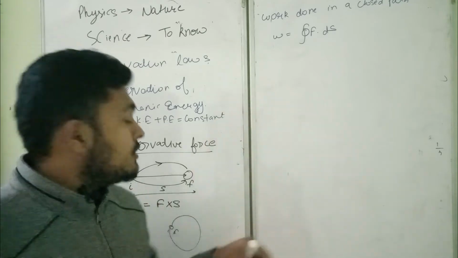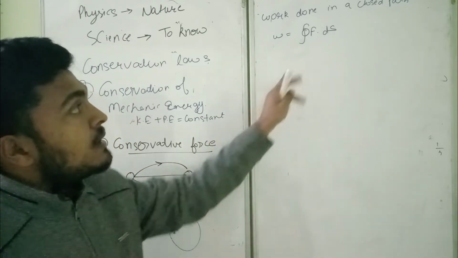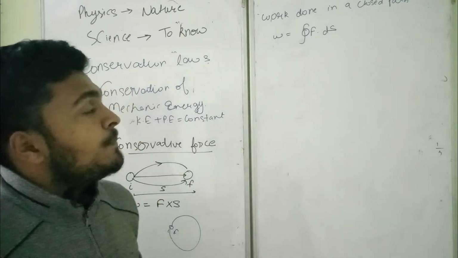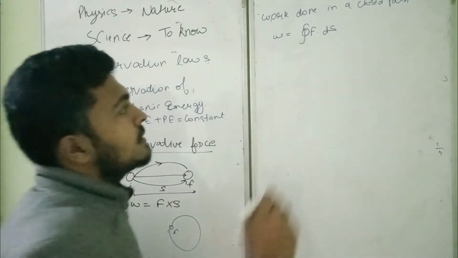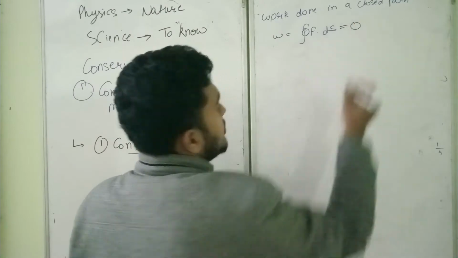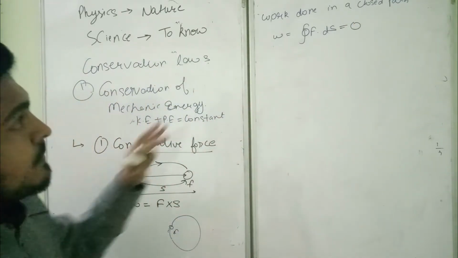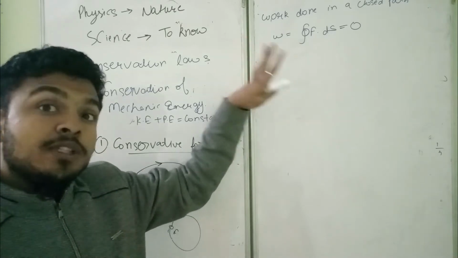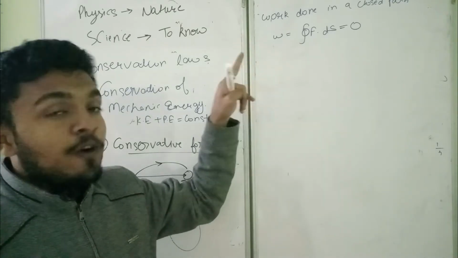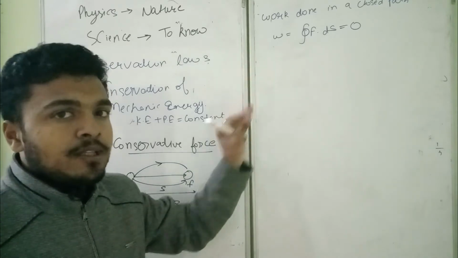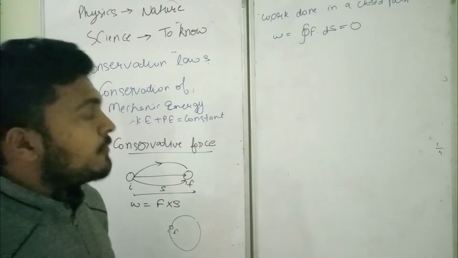Because it is in a closed path, the initial position is equal to the final position, so this integration must be equal to 0. So in case of a conservative force, the closed line integral of force over that closed path is 0. So this is called a conservative force.